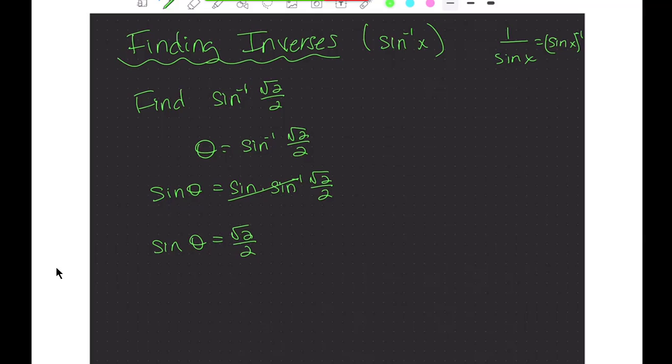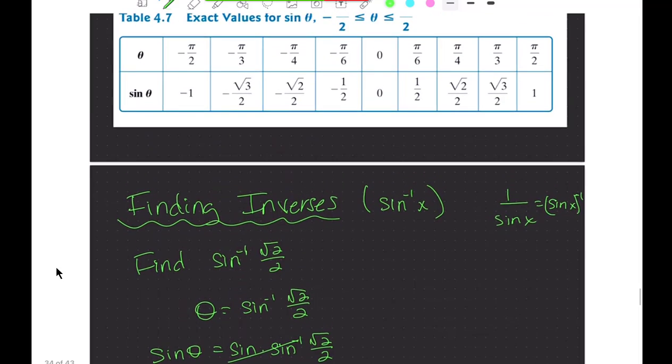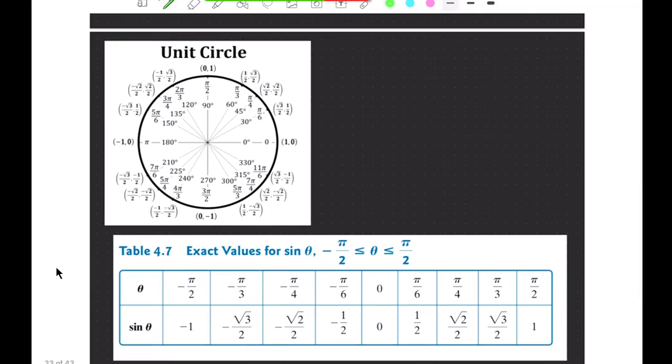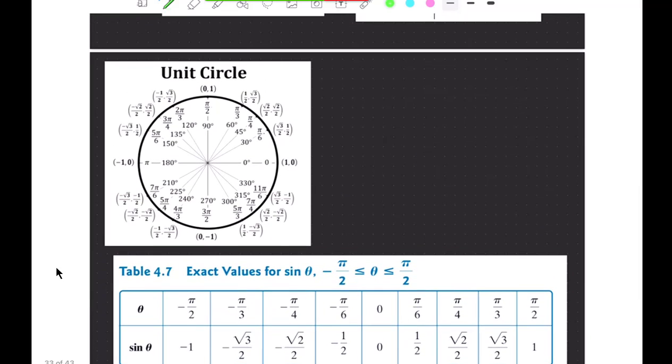When does sine equal square root of 2 over 2? Somewhere on the unit circle. You can look at your unit circle, and we're looking for that y value, square root of 2 over 2, and we're only looking in that first and fourth quadrants.